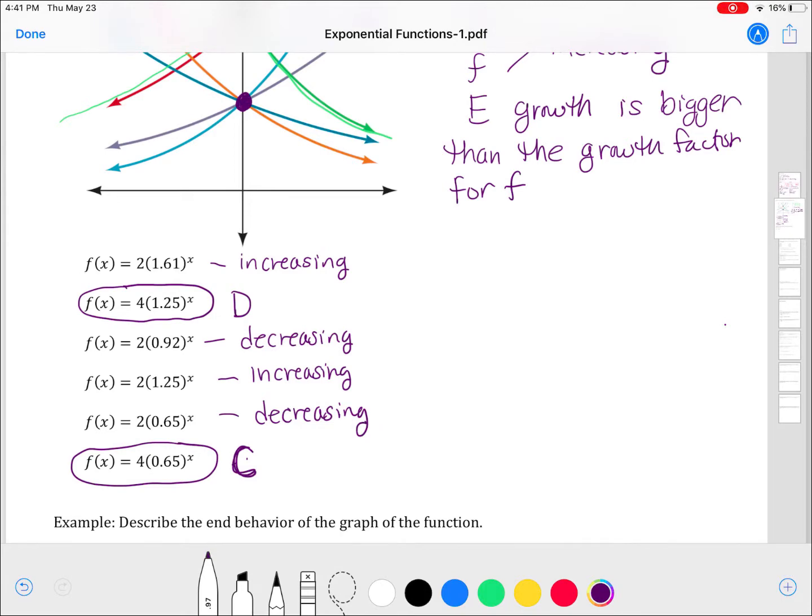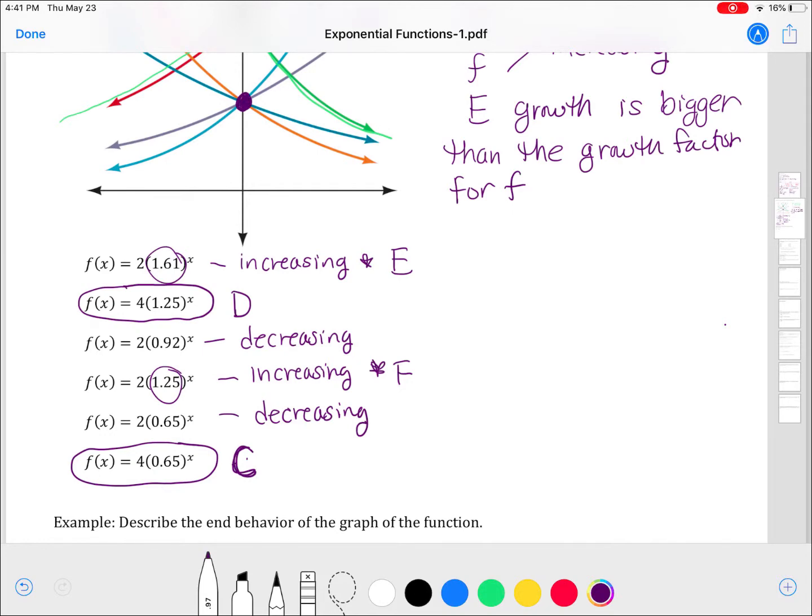So E and F is between this one here and this one here. And we said since E jumps up faster and is growing bigger than F, then that's going to have the bigger growth factor. So between 1.61 and 1.25, this has got to be E, and this has got to be F.